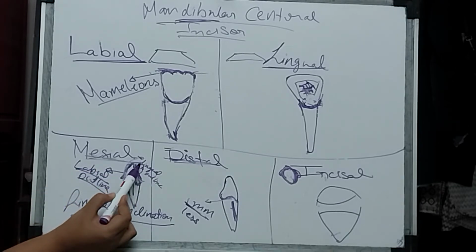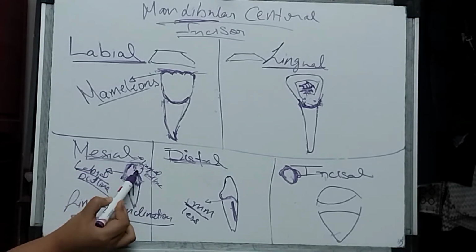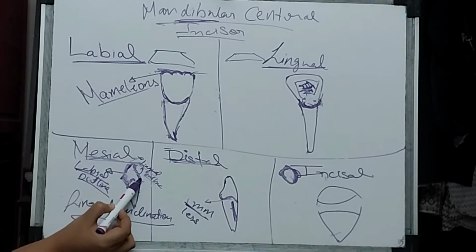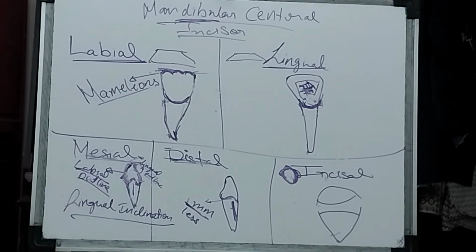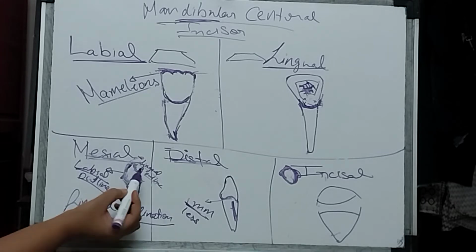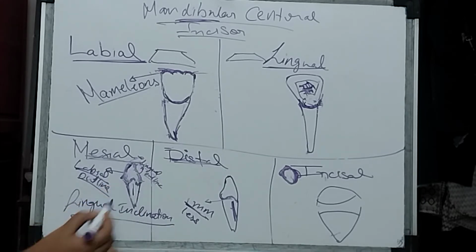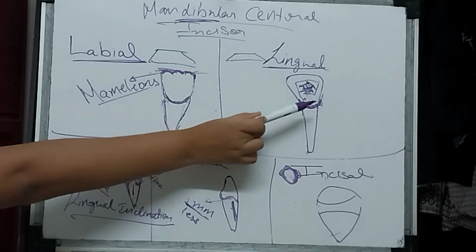And the lingual outline is concave over here in the incisal part, and as we come to the cervical third, it becomes convex. Why is that? Because in the incisal third, there is the presence of what? The lingual fossa, and over here there's the cingulum.